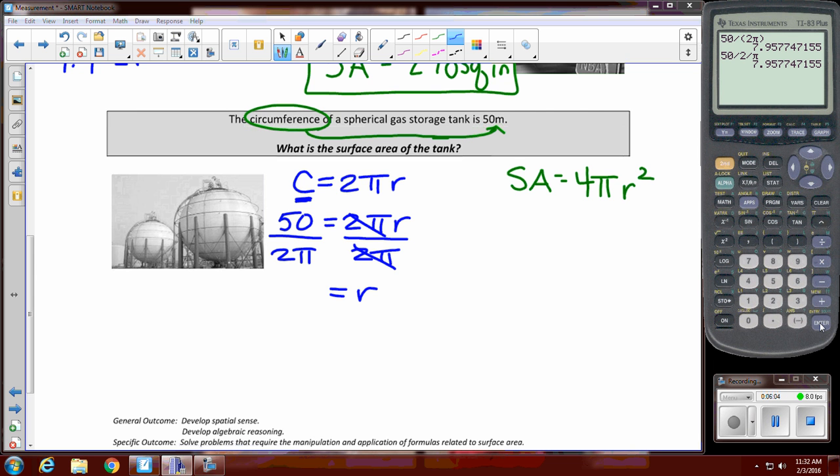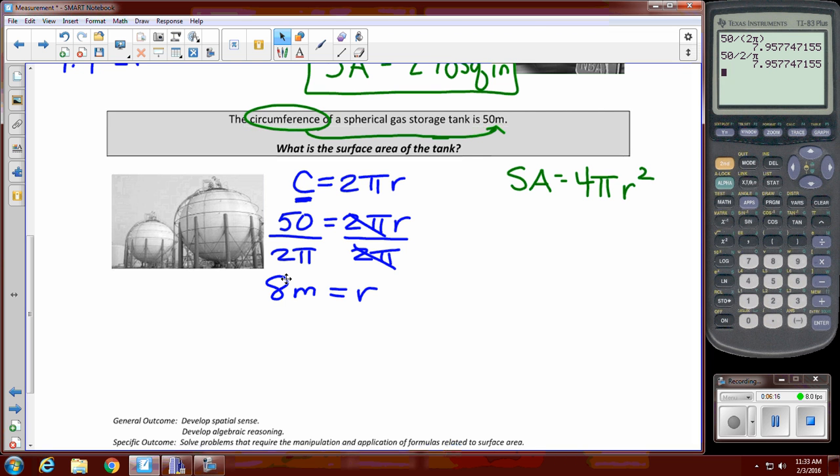Still the same answer. So for simplicity's sake, let's say this storage tank has a radius of 8 meters, which is fairly large. Now I figured out my radius, I can put that in my surface area formula. So the surface area would be 4 times pi times the radius squared.